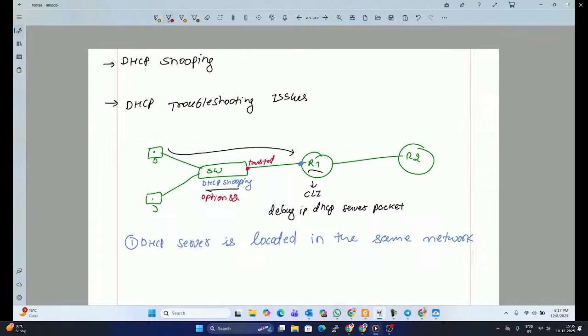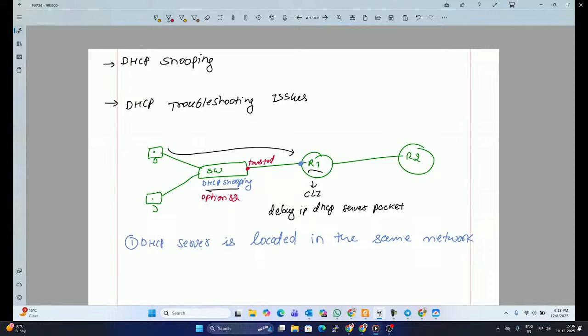Otherwise, the router will keep giving the error message and the router will not offer an IP address.